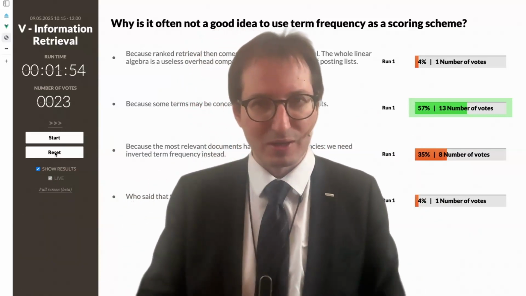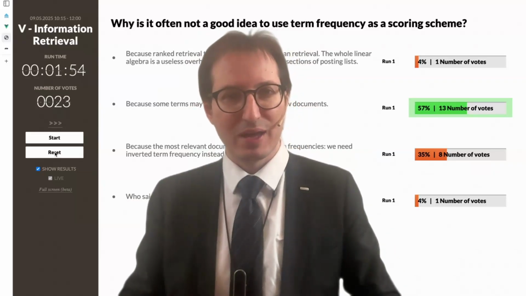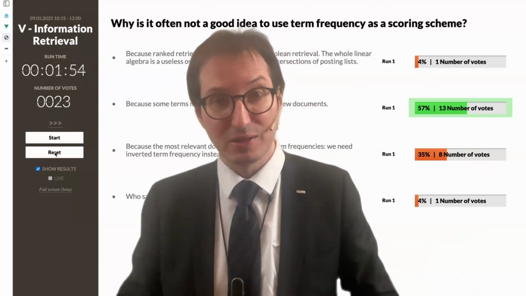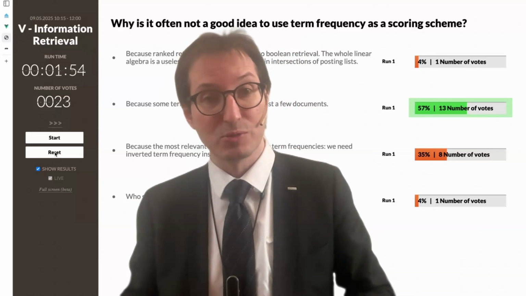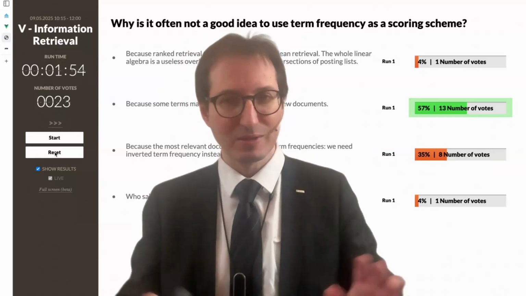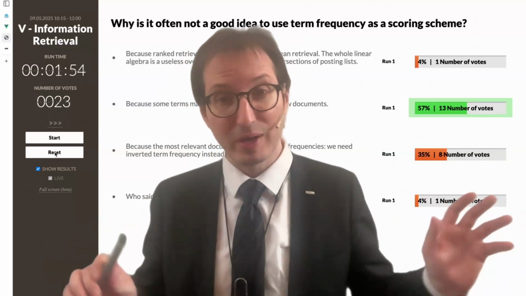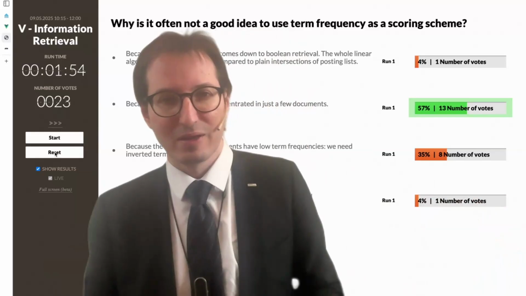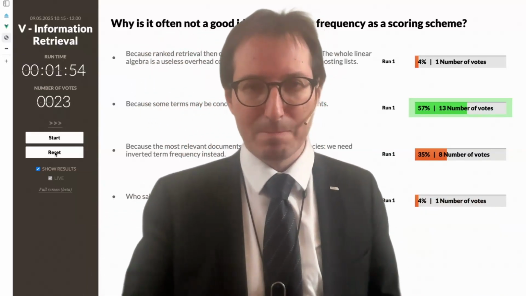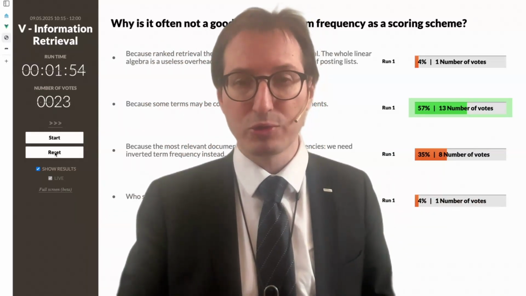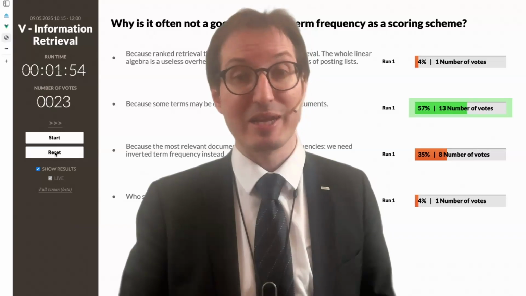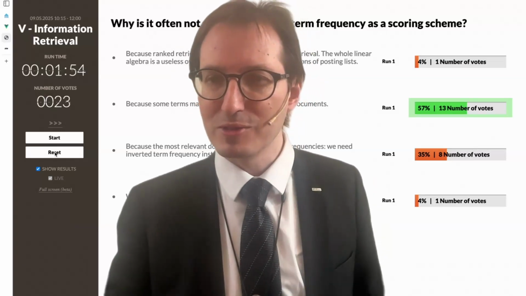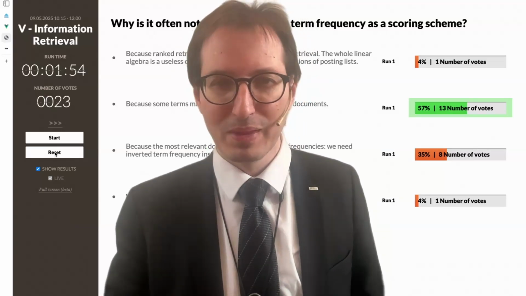Okay, so this is good. And the third one is actually made up because there is no such thing as an inverted term frequency. Not that I know, at least. It's inverted document frequency. And in fact, the low term frequencies would make the documents less relevant rather than more relevant. So it's the opposite.